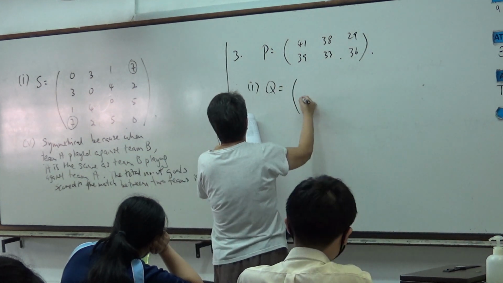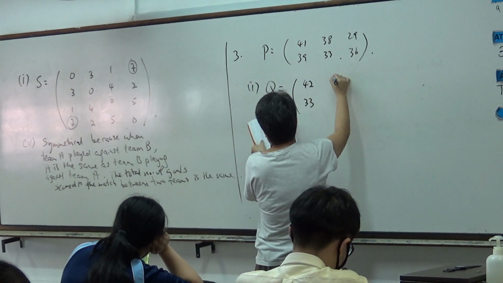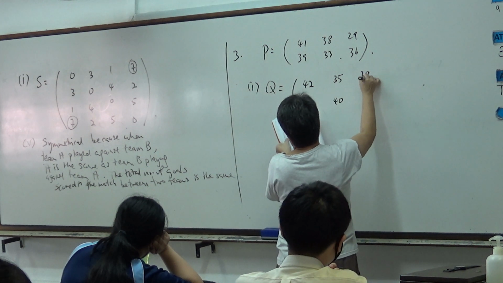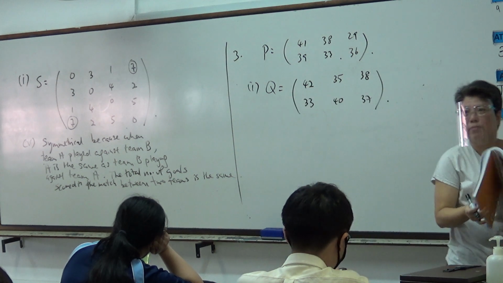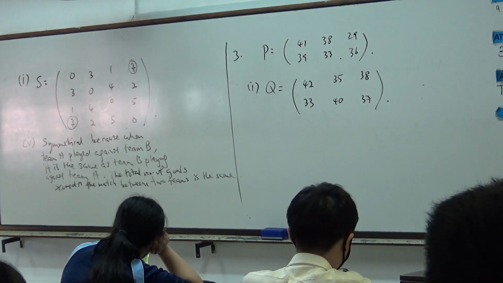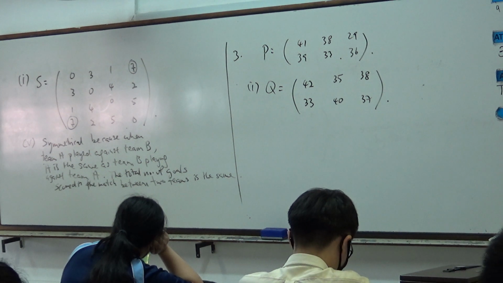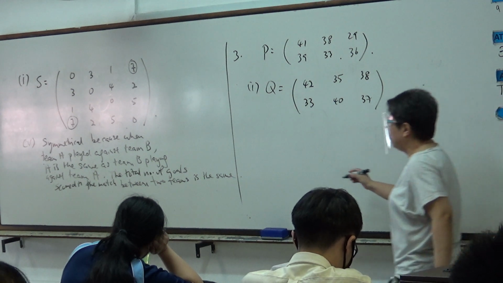Q will be 42, 33, 35, 40, and 38, 37. Is this correct? Yes or no? This will be your matrix Q. Alright? Now, next one. Part 2. Find the matrix P plus Q.